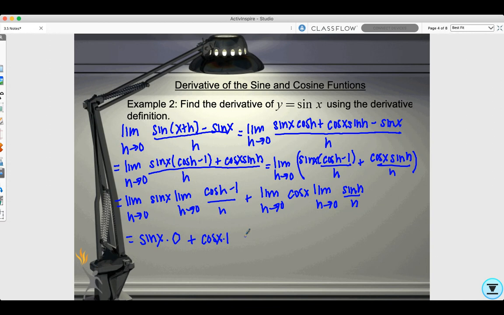So therefore, this would just equal 0 plus cosine x, or just cosine x. So my derivative with respect to x of sine x is cosine x.